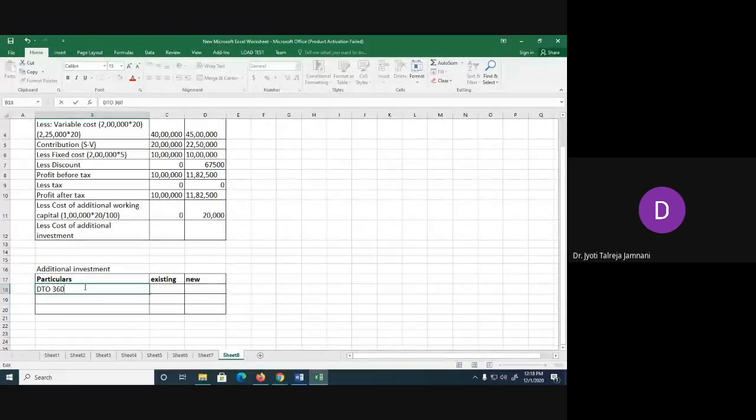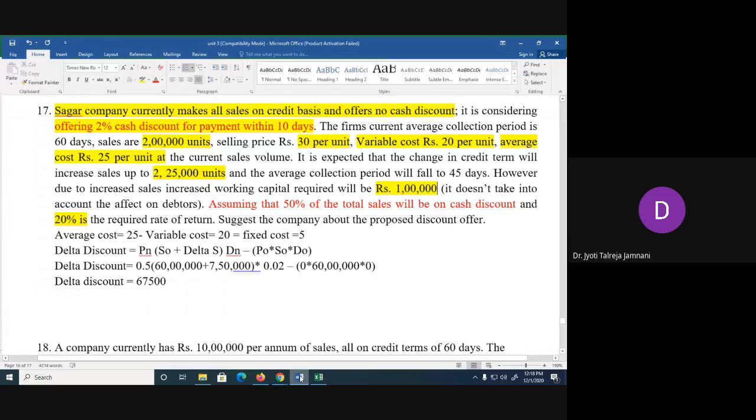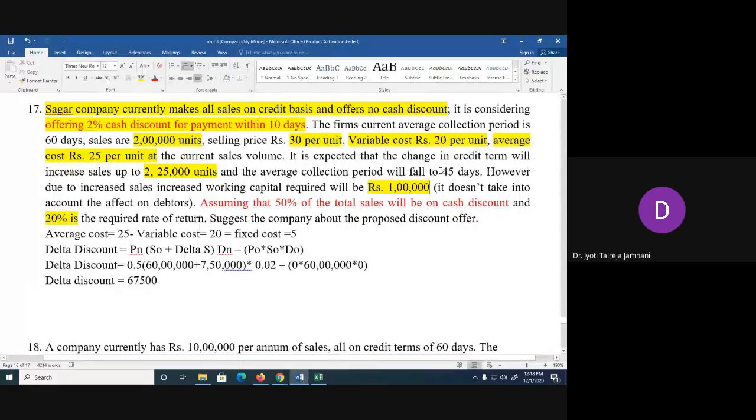In the first case, the firm's current average collection period is 60 days. So you could see here, this is the average collection period in the first case.